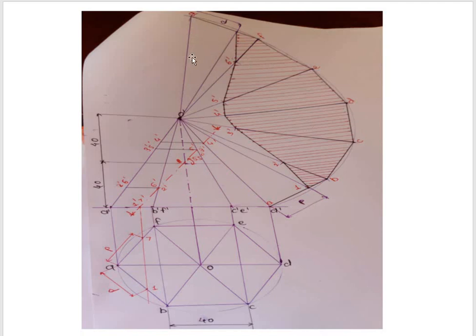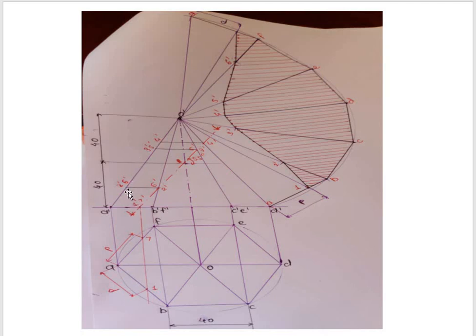Join the last point to the O dash point. Make all the generators dark, and after that simply pass the points which are not on the true length, up to the true length, by taking the distance in the compass from O dash.